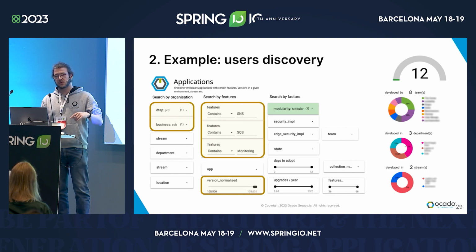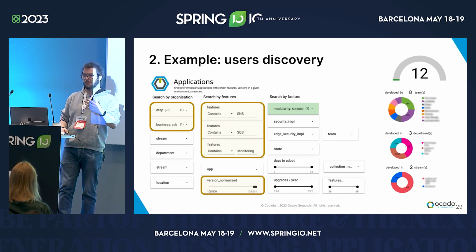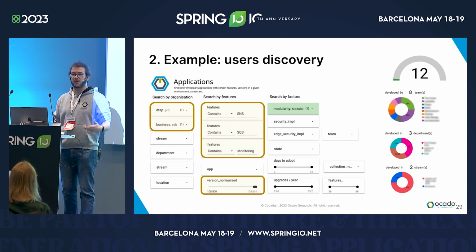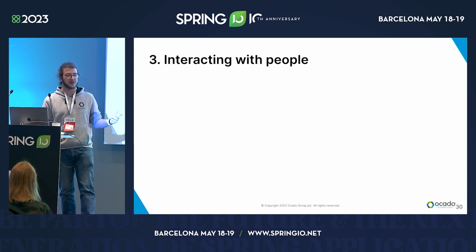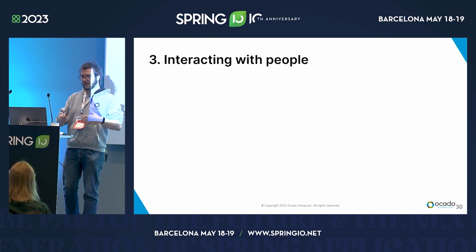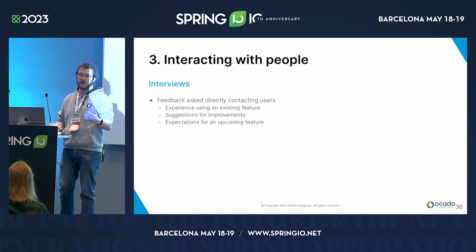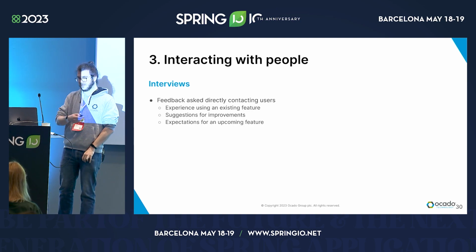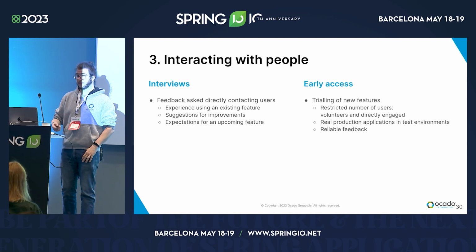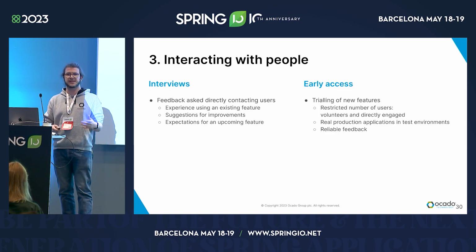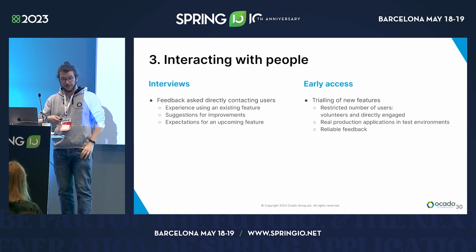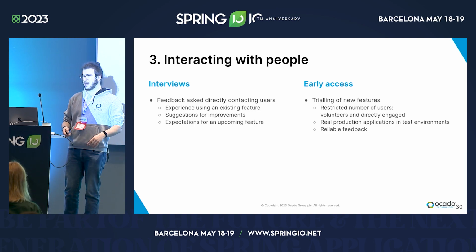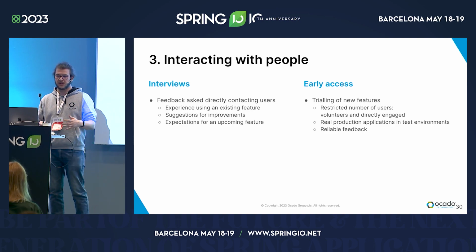This actually brings us to the third example of practice that we follow when we work with the community, that is interacting with people. We constantly interact with the community, and the first example of interaction is indeed interviews, which I've just mentioned. Another example of interaction is early access, which happens every time we need to release a new major version or a new important feature, and we need feedback from the community about this change.